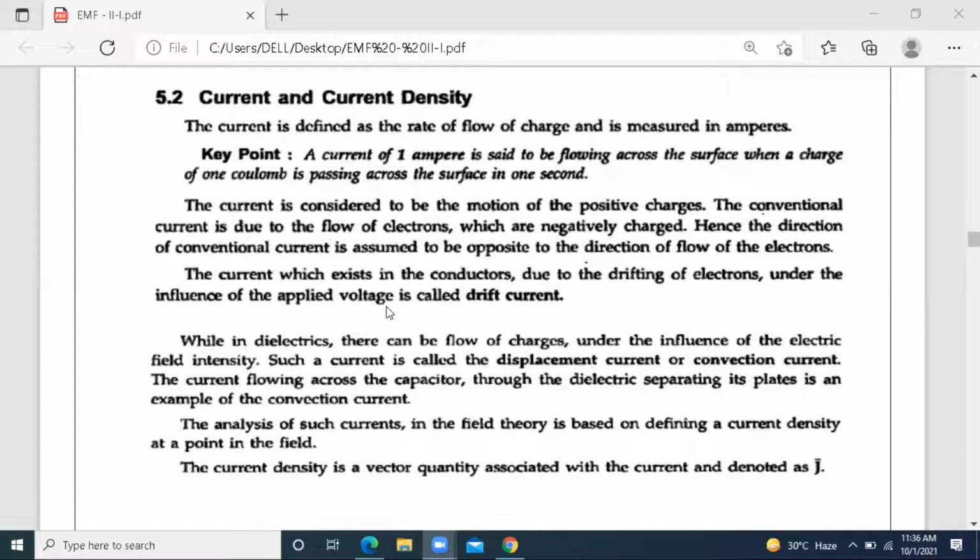What that means is that it's made up in the current that you are measuring. You see, what we did earlier was we decoupled them, we set them apart to explain what is drift current and what is conventional current.